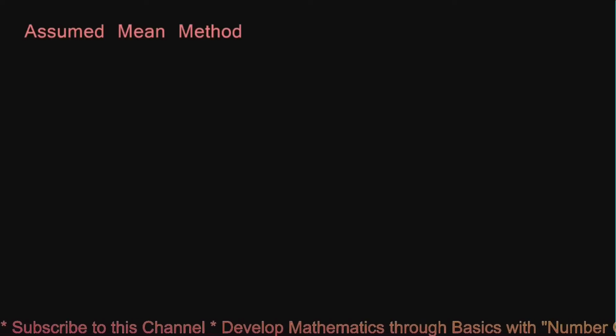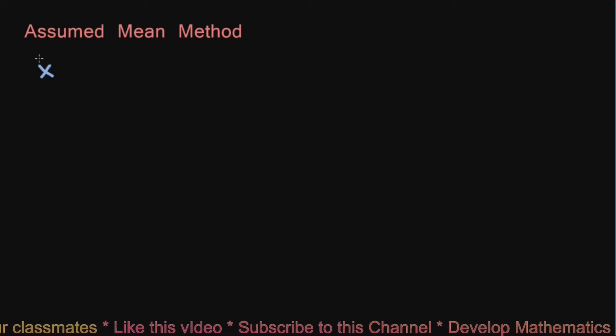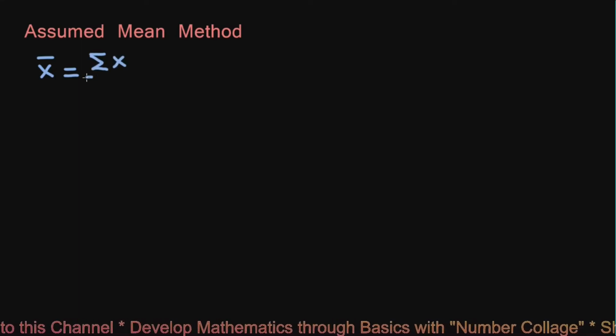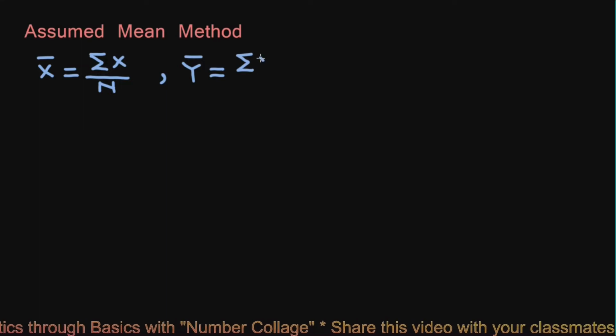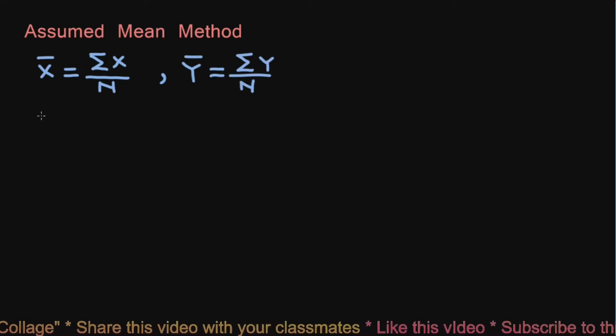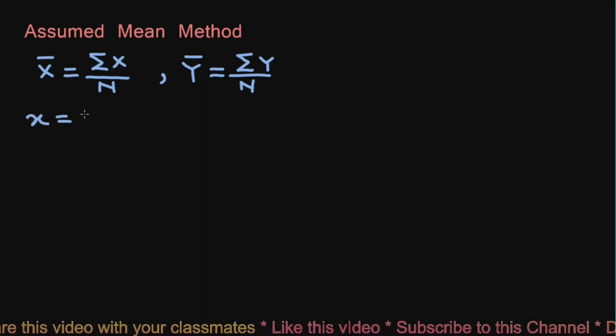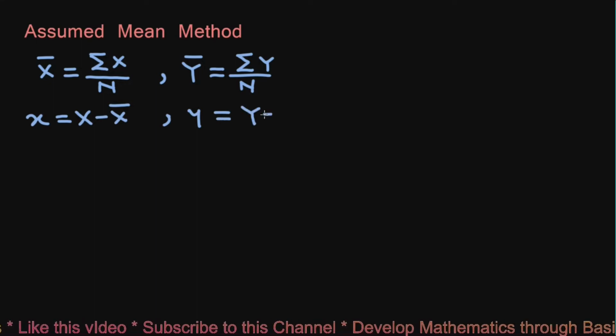Now we will discuss the third method, assumed mean method. In the earlier two methods, actual mean method and step deviation method, we were using mean x bar, which is summation x upon n, and mean y bar, which is summation y upon n, and we used to take deviations to find x equals x minus x bar and y equals y minus y bar.